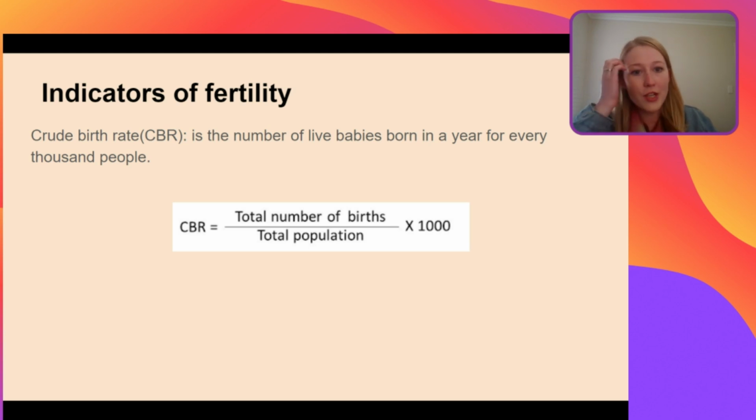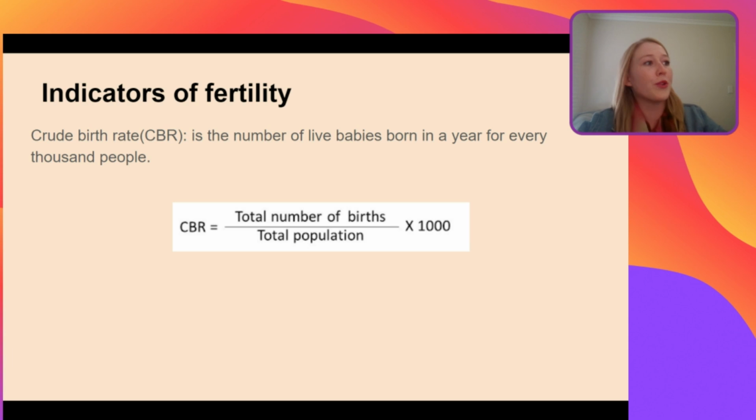If you have a country that has 1 million people in it, they're more likely to have a lot more babies than a country with 1,000 people in it. So we need to put it on the same scale. So we say, okay, per 1,000 people in the country, how many are having kids? How many are born? So it's always on a per 1,000.